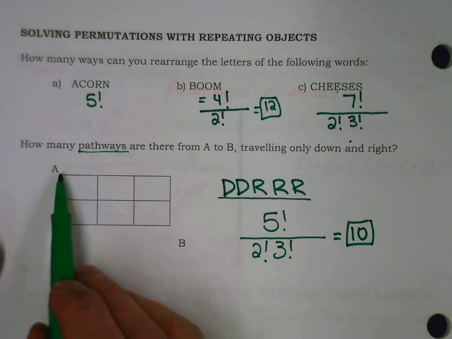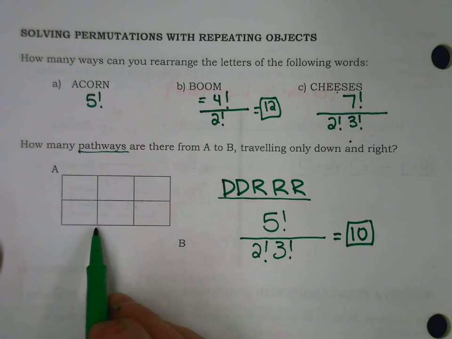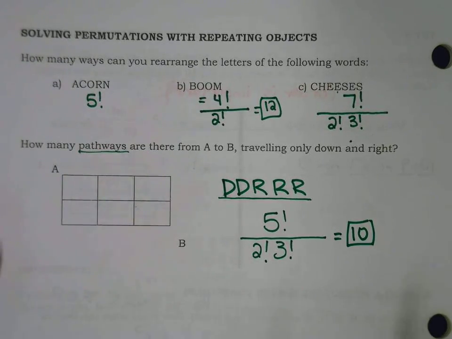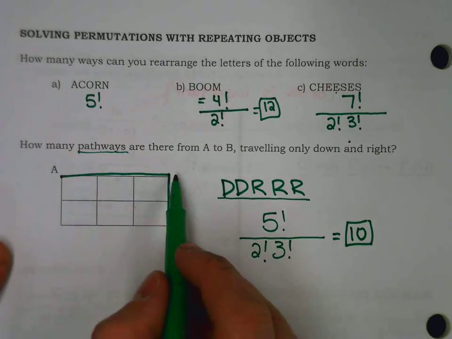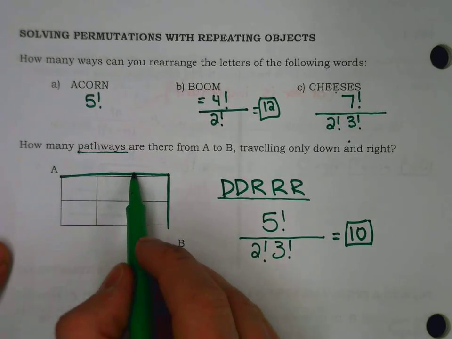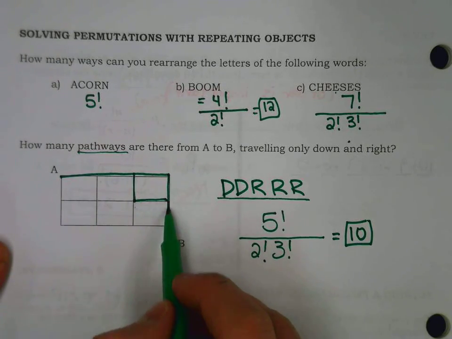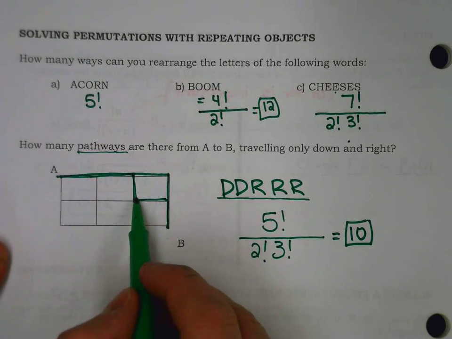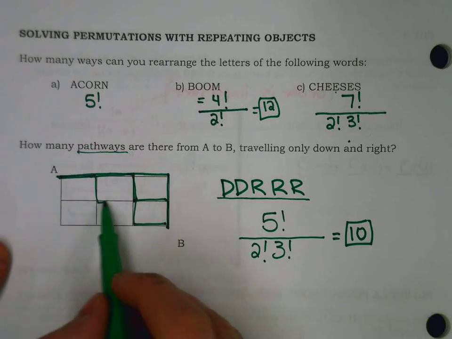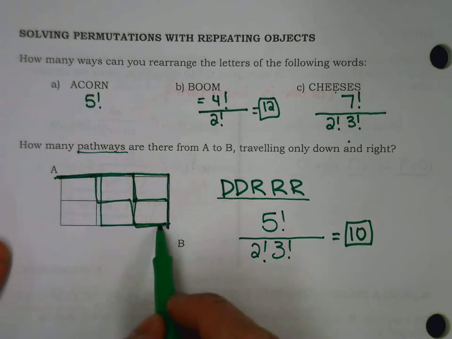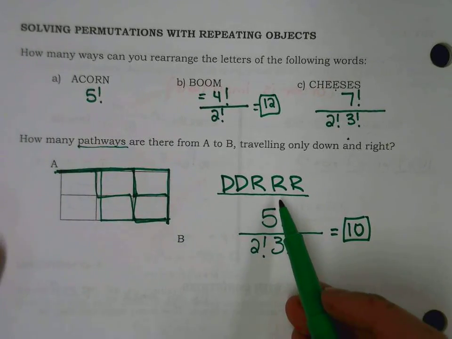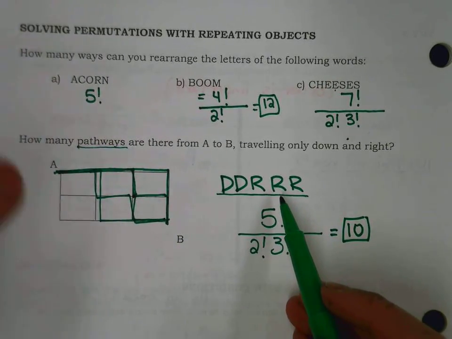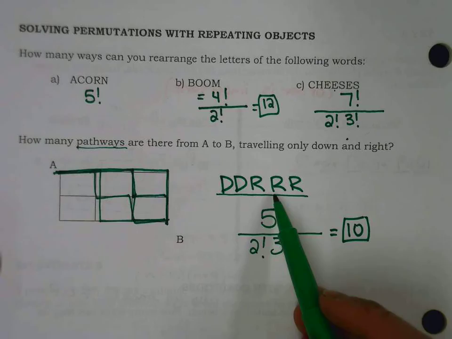So we could say down, right, right, or if we map these all out, right, right, right, down, down, right, right, down, right, down, right, right, down, down, right, and you keep mapping these all out, you would find out that there is in fact 10 ways to get there. So this really is just rearranging letters in a word, DDRRR.